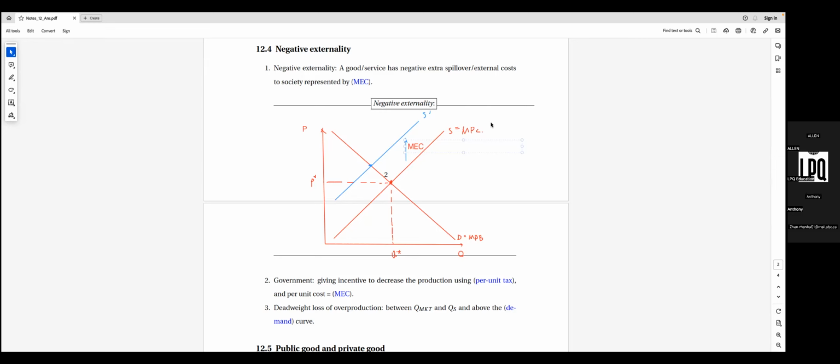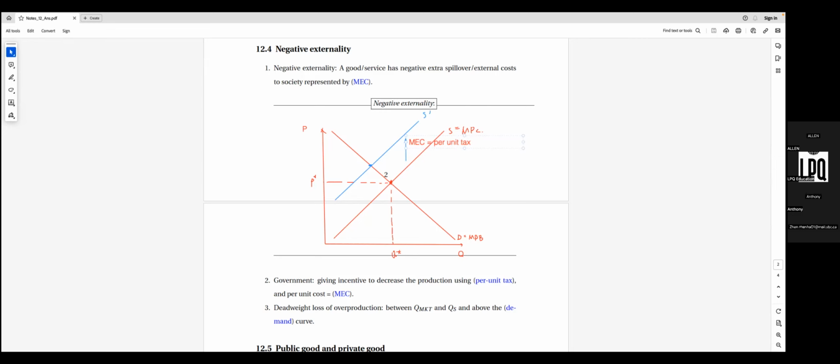You see, the whole society bears a financial burden due to the existence of a lot of smokers. So if you can do this prediction measurement, then you know how big the MEC is, to compensate for those external costs. As a government, this time for sure, you need to add a per unit tax to producers.